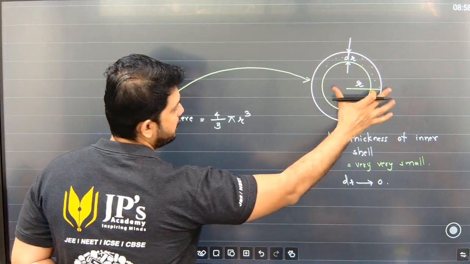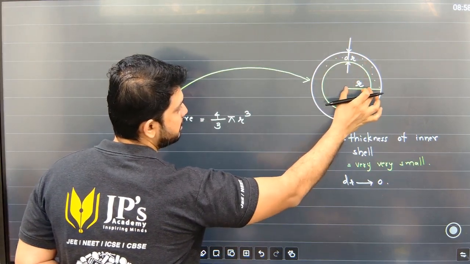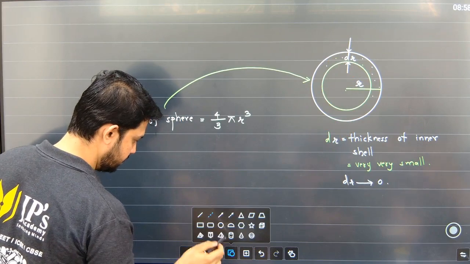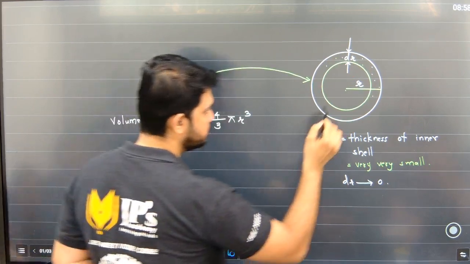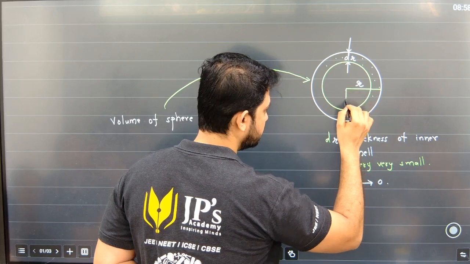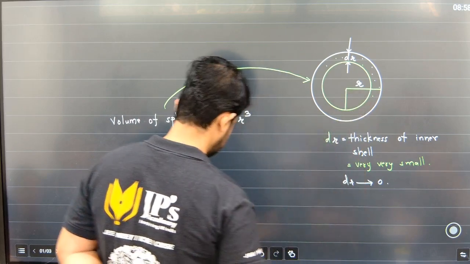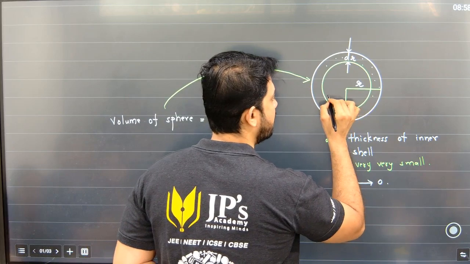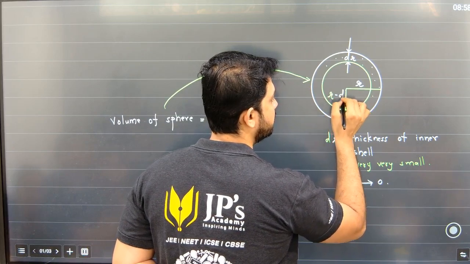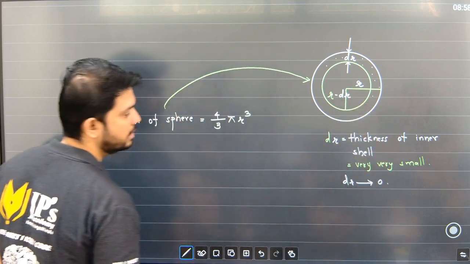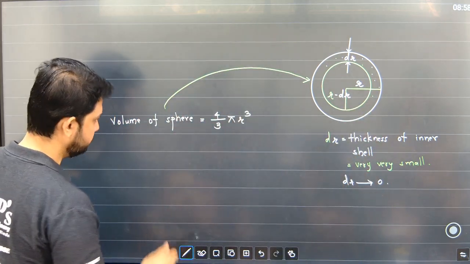If this is r and this is dr, can someone tell me what will be the radius of the inner shell? Can I say this is r minus dr?